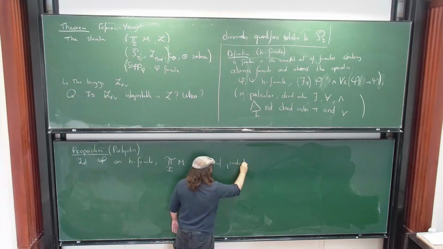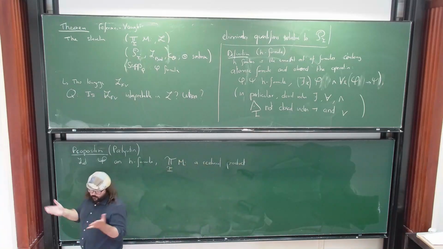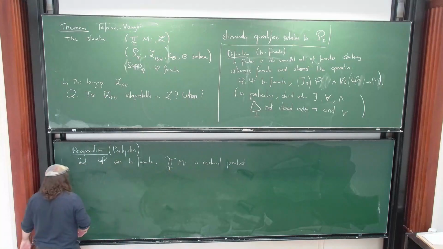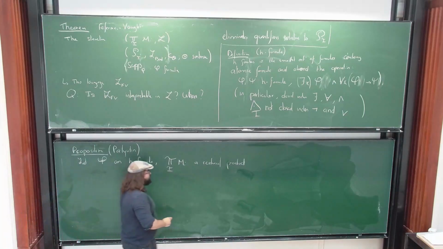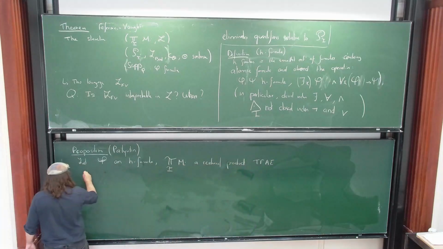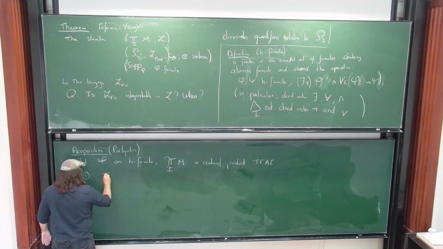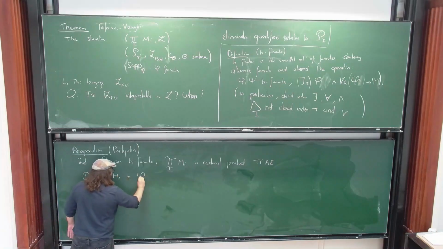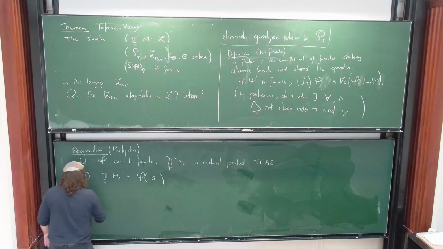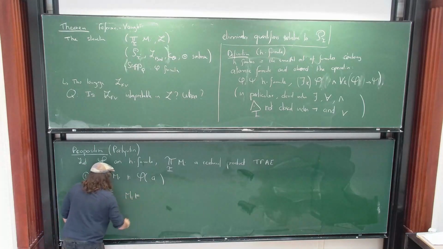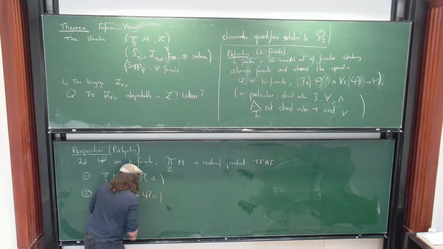So it works for every reduced product, no matter the L structure, no matter the ideal. Equivalently: one, the product of the Mi satisfies phi of A, and two, for almost all i, Mi satisfies phi of A. So exactly like Łoś's theorem.